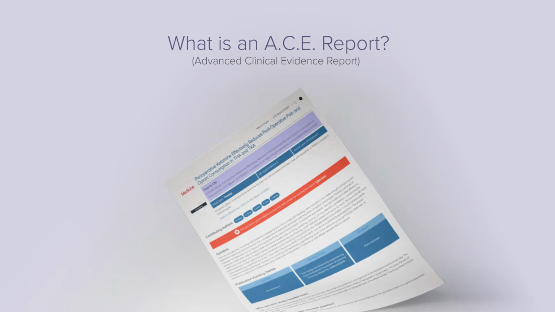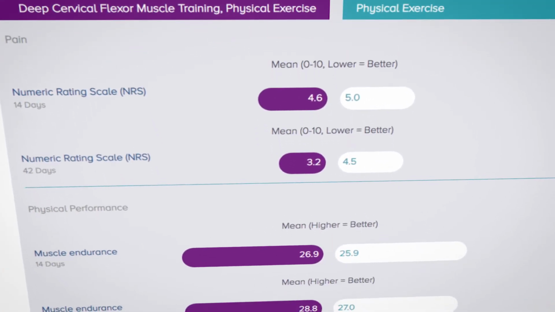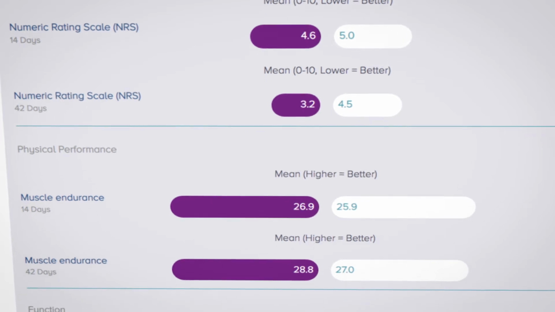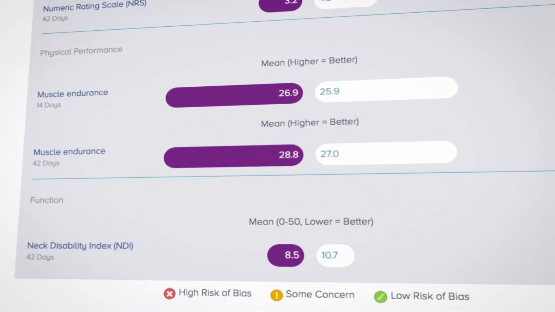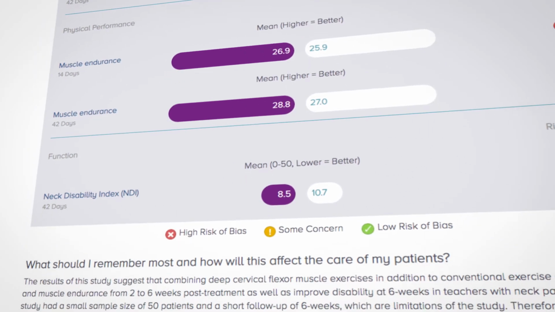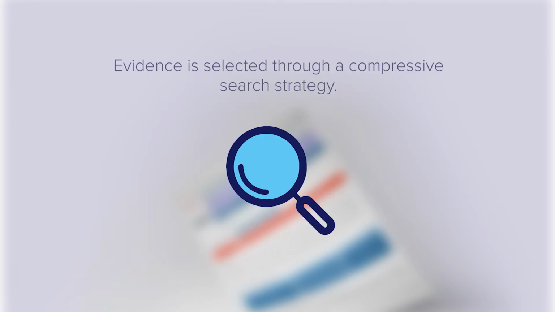Moreover, in 2019, OE launched the ACE Report 2.0 format, which adds additional graphical representations of key findings in easily understandable OE-generated figures. Before I go over each component, I want to emphasize that only randomized controlled trials and meta-analyses of randomized controlled trials are selected as candidate ACE reports, and these are rigorously selected through a comprehensive search strategy.